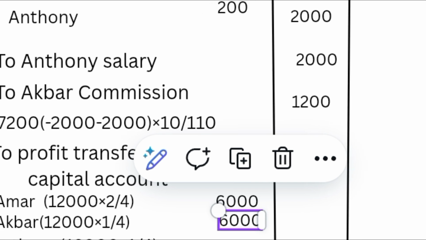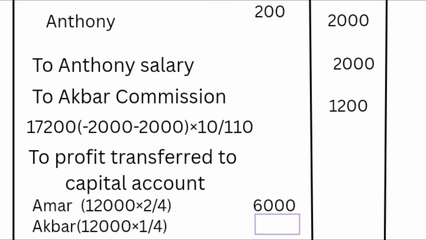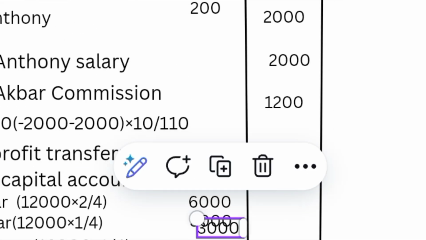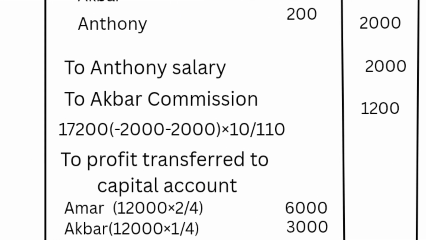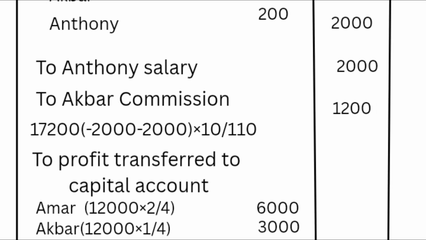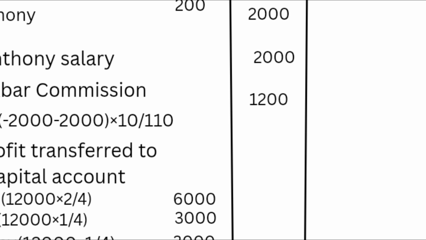And if we calculate 12,000 into 1 divided by 4, we'll get 3,000. And the same goes for Anthony. So Amar's profit will be 6,000, Akbar's will be 6,000, Akbar will be 3,000 and Anthony will be 3,000. And this profit will be transferred to the partner's capital account, and the total amount of this one will be 12,000.